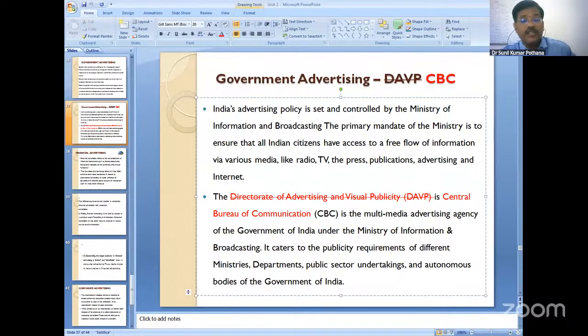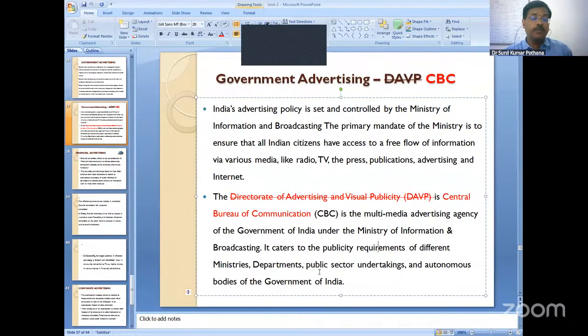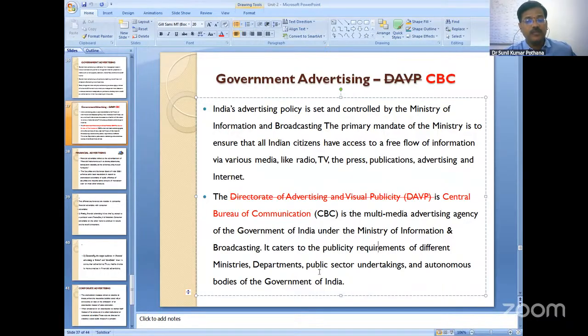Who gives the advertisements on behalf of the government? There is the central government, the Government of India, for example. Further, there is a department. Earlier there was DAVP, the Directorate of Advertising and Visual Publicity.